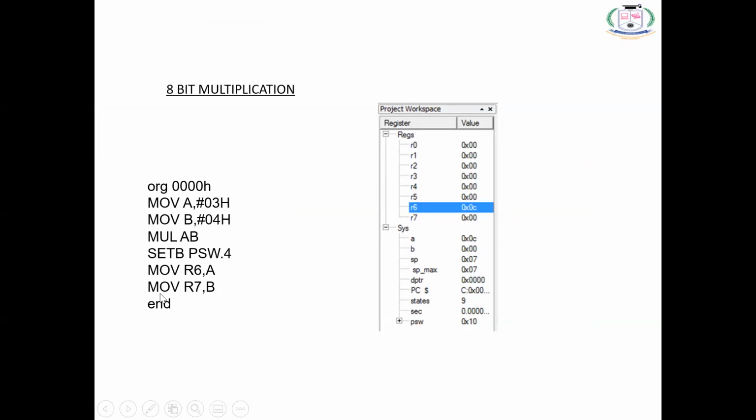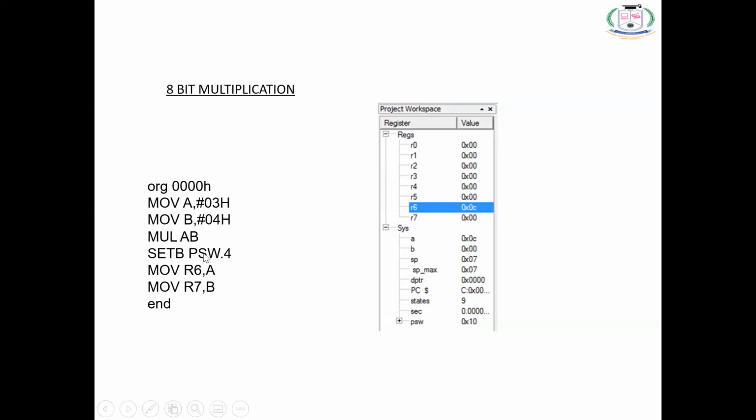The only thing is, somehow they will ask this question: perform an 8-bit multiplication. Store my results in bank 2 registers R6 and R7. This is the question. Okay, if my question is to store my results in bank 3 registers R6 and R7, now what is the change in the program?